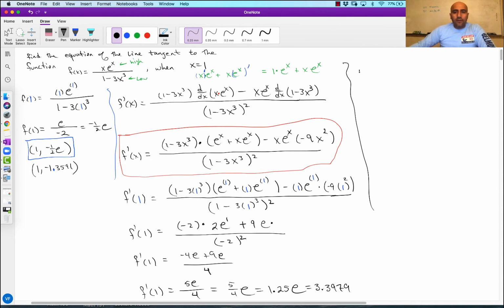So we know that there's a point, 1, comma, negative 1/2 e. And the slope of that line has to be equal to 5/4 e.